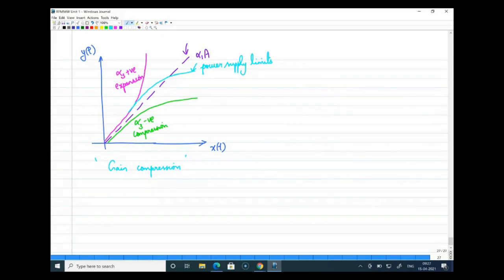What we will do next is understand how we can characterize this nonlinearity by bringing out a performance metric. Gain compression is what we ultimately see, and for it we need a performance metric, and that is called the 1 dB compression point. We'll talk about this 1 dB compression point soon.